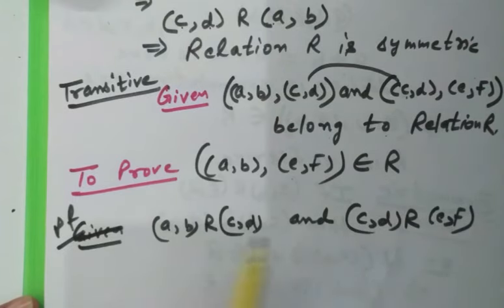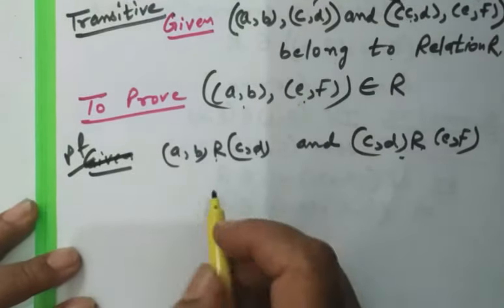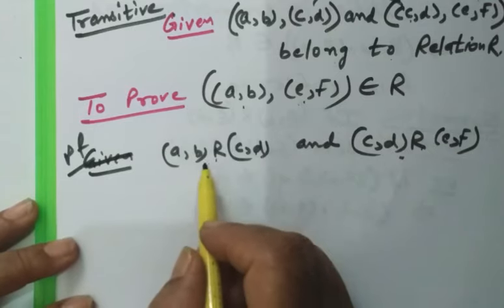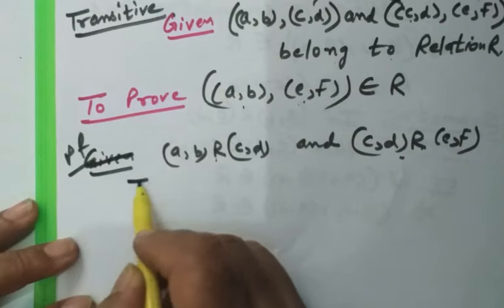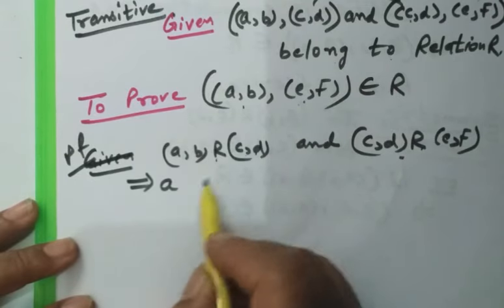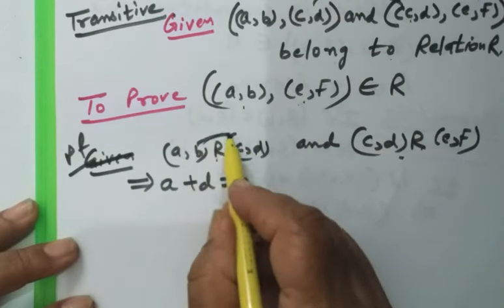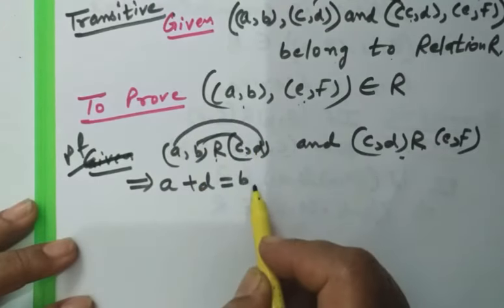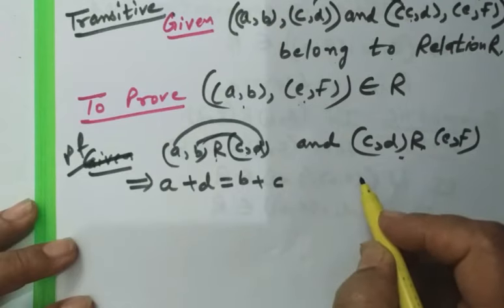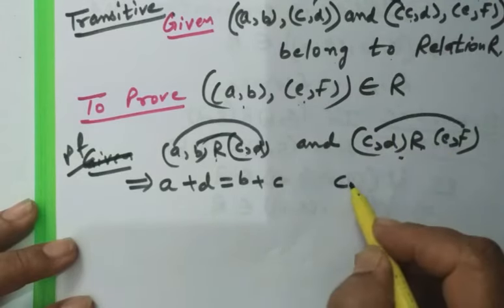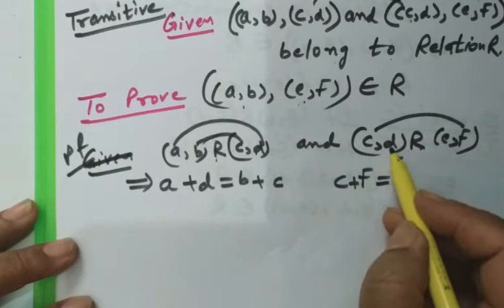So now we have to prove, by using these two given things, that AB is related to EF. So how shall we use these two? Now we use the definition of the relation. The relation says that if AB is related to CD, this means A plus D is equal to B plus C. Similarly here, C plus F is equal to D plus E.